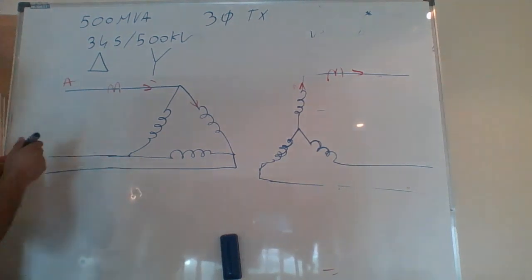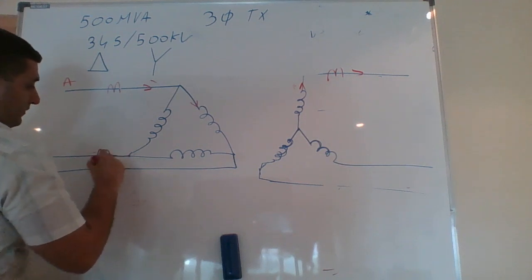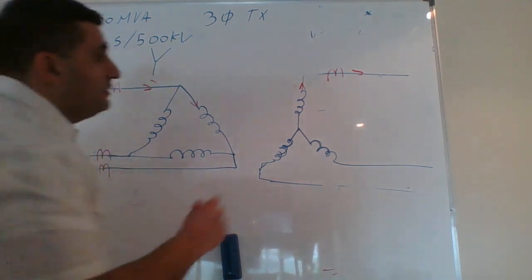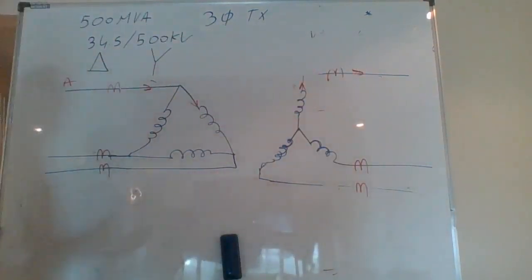Now, in this case, I have 3 CTs. In this case, also I have 3 CTs. How do I connect 3 CTs into Y?